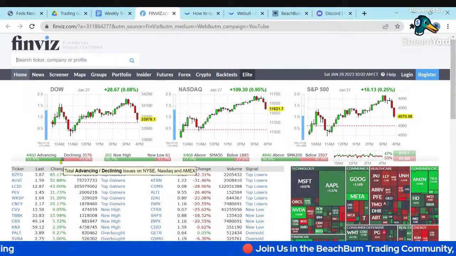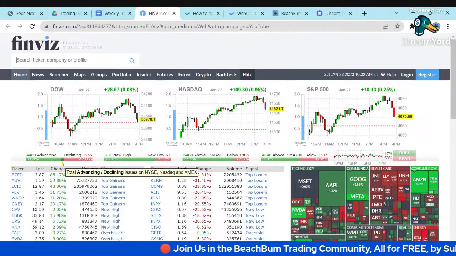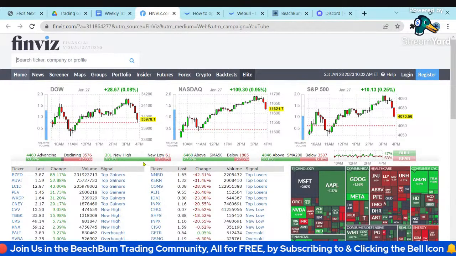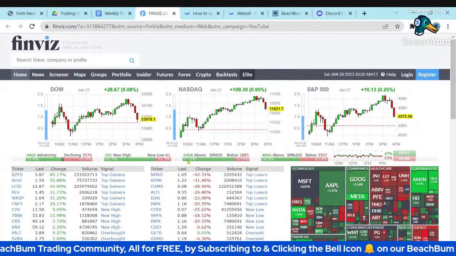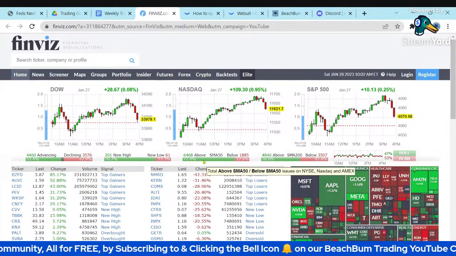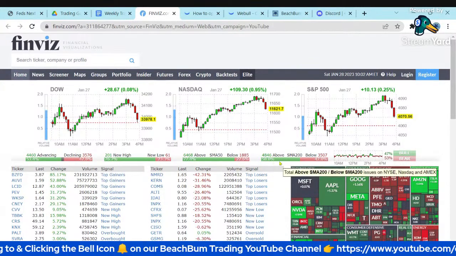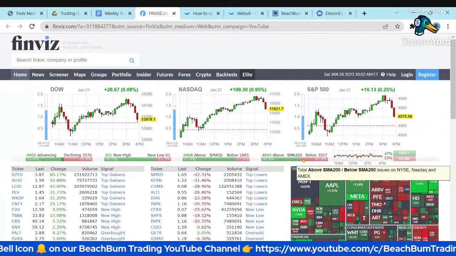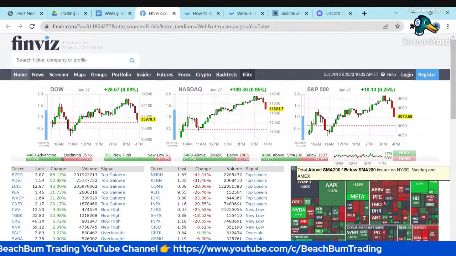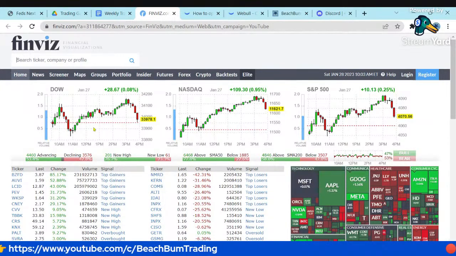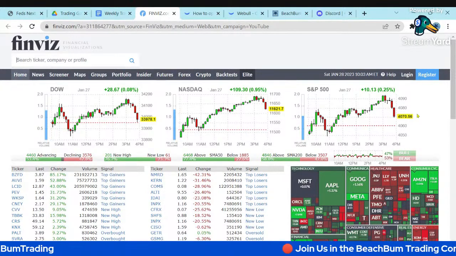We can see it was kind of split, a little above 50% advancing, more new highs, about 75% or so. We've now got 77% above the 50-day moving average, but it's still pretty split, 60-40 or so above the 200-day moving average. And it ended up kind of bearish, but most of the day was an uptrend, and then just towards the end of the day everything kind of declined.